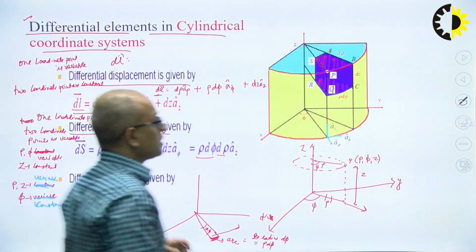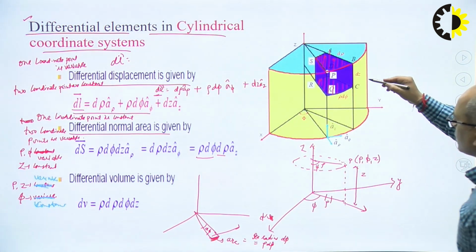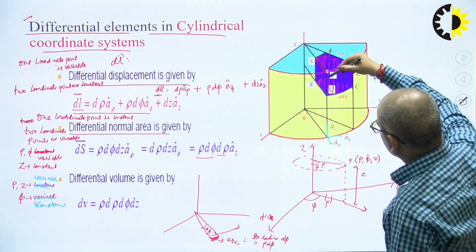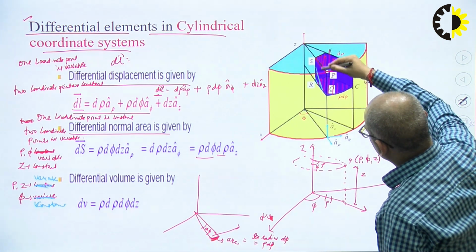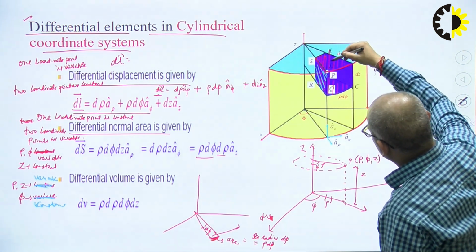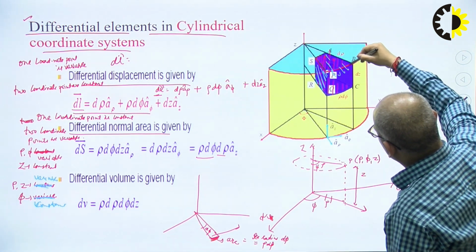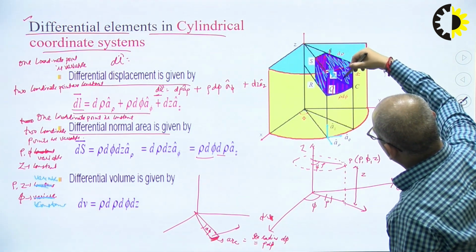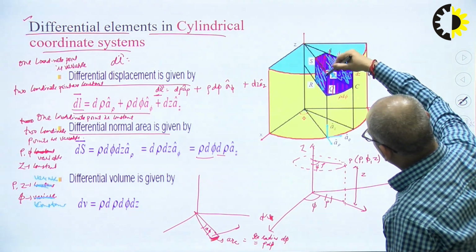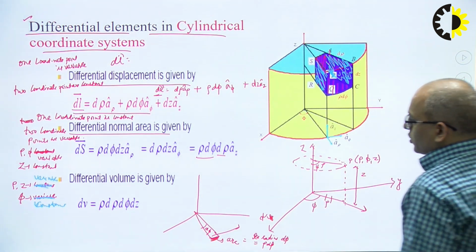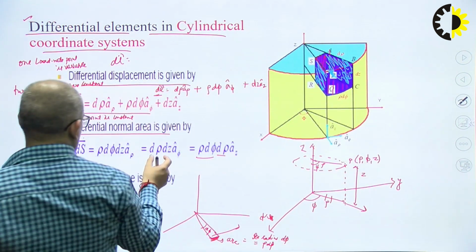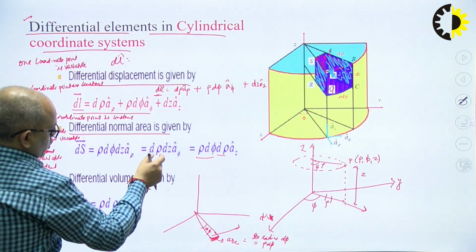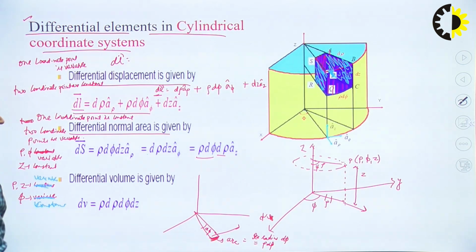I wrote it the opposite way before; this is not right. Phi is constant and rho and z are the variables, which means this planar surface will be formed, this one or this one. Clear? So in that case, the surface area will be equal to d rho dz a cap phi.